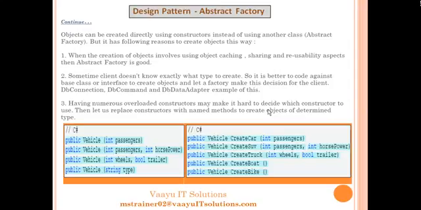Suppose the user wants to create a car object, so he will use create car and pass the number of passengers. Similarly, create SUV, create truck, create boat, create bike, etc. If you have more constructors, it may be hard to remember which constructor to use for which purpose. So it is better to use named methods.